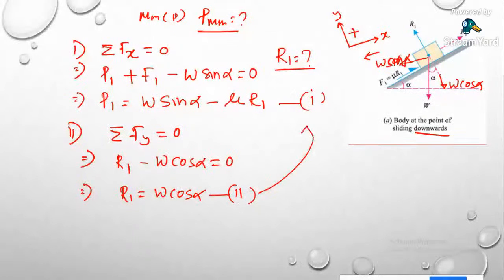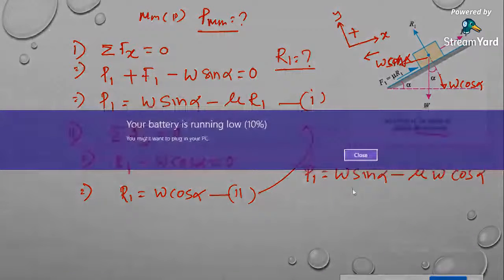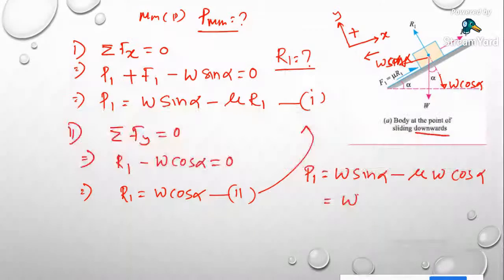Now put equation 2 in equation 1, that is P1 will be equal to W sin alpha minus mu into W cos alpha. And you can take W common: sin alpha minus tan phi into cos alpha. So this is the P1, and now other things will remain the same.